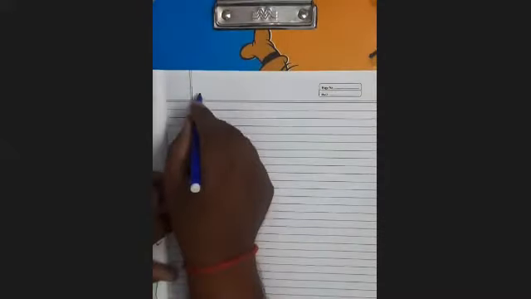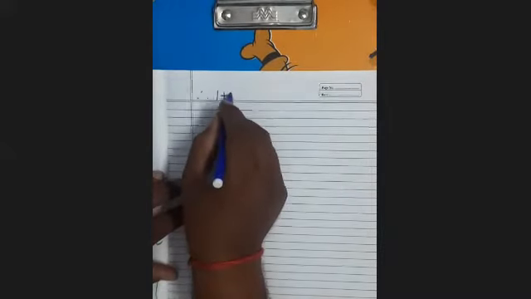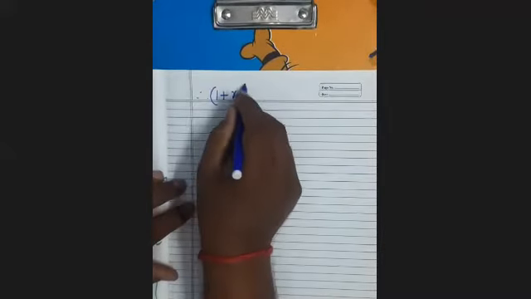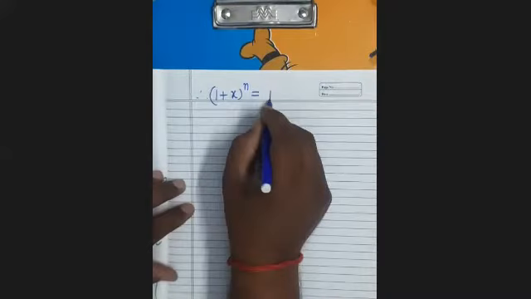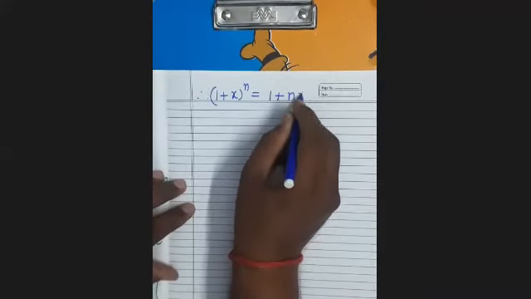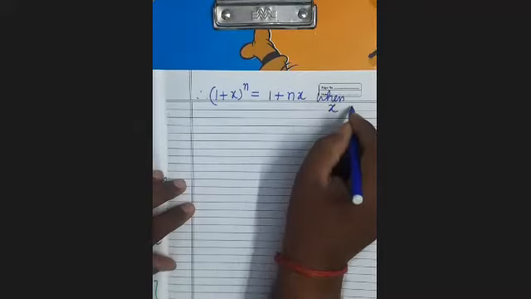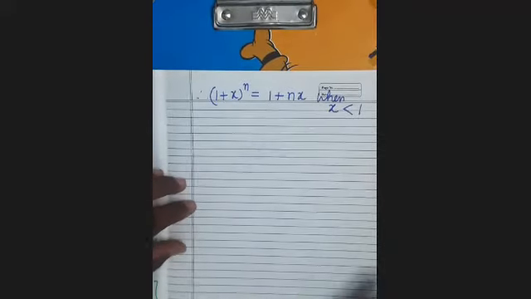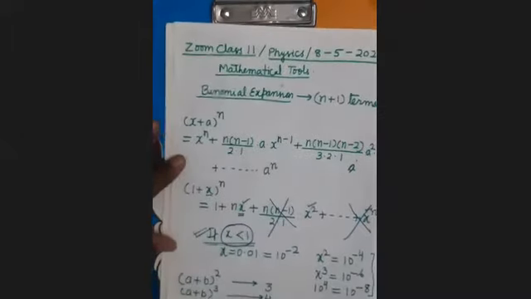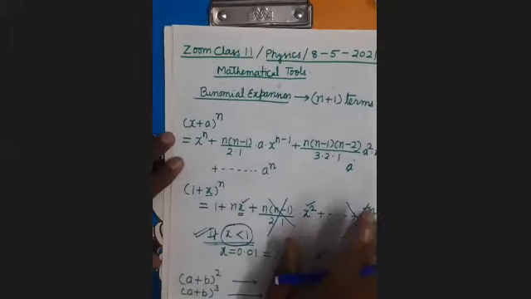Now you can see here. Therefore (1 + x)^n = 1 + nx when x is less than 1. Here there is a slight correction you can make.